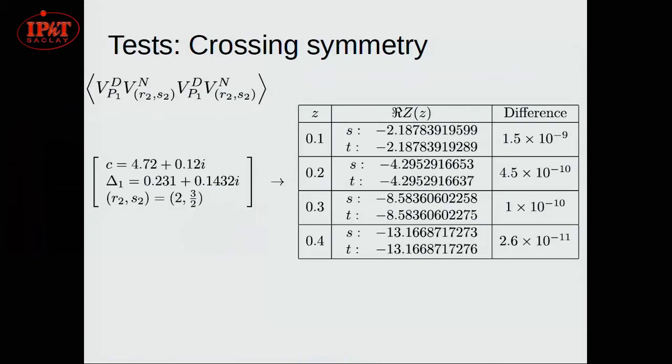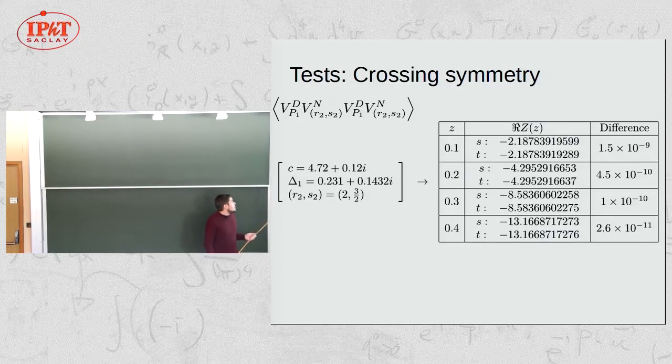And now I show you the first example. This is a 4-point function which has only two different fields. The value of the central charge has been set arbitrarily in the same way as the value of the dimension of the diagonal field.